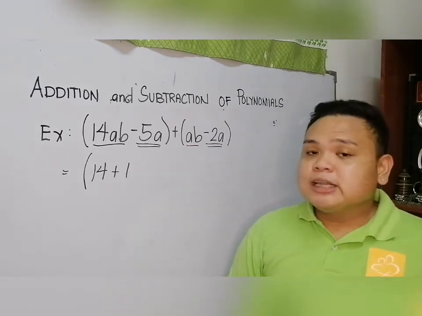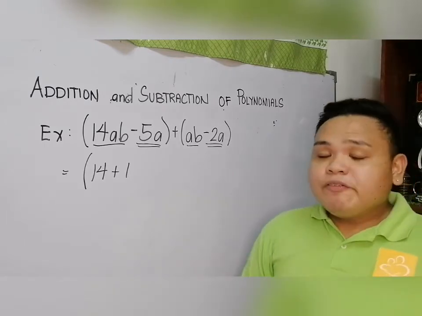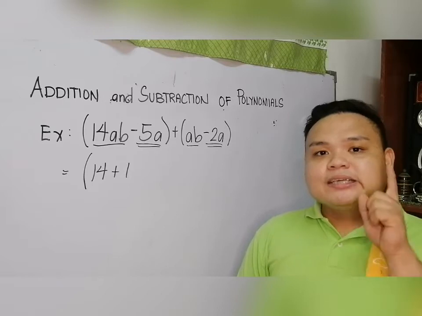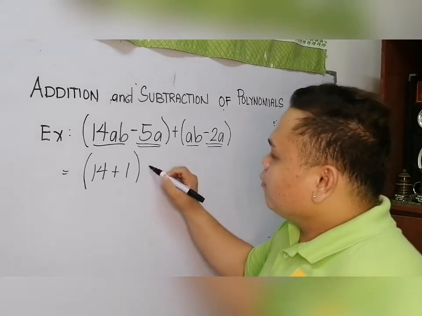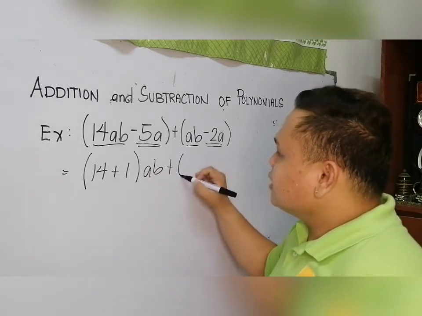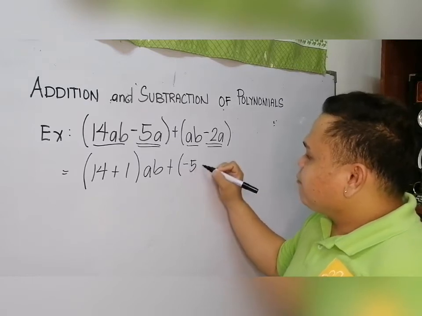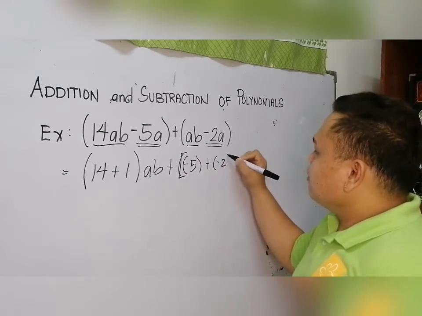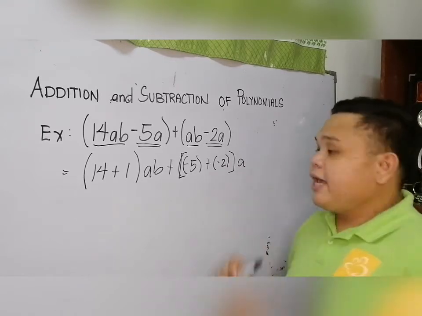Always remember, class, that if you don't have any numerical coefficient written on your term, the numerical coefficient of that term is 1. And then we're going to copy ab, plus negative 5 plus negative 2, and then we copy a.